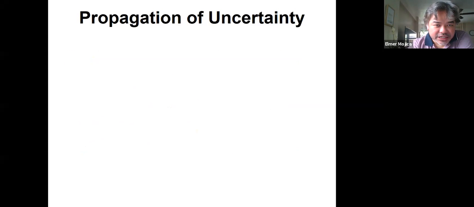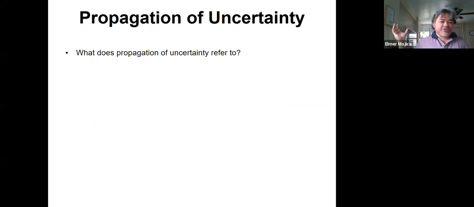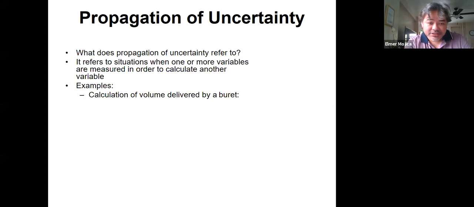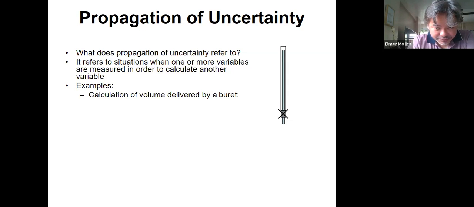So let's talk about the other uncertainty, like propagation of uncertainty. What does it mean? It refers to the situations when one or more variables are measured in order to calculate another variable. An example is the volume of liquid delivered by a burette. So there is uncertainty on that. For instance, you usually record your initial volume, and usually it's 0.